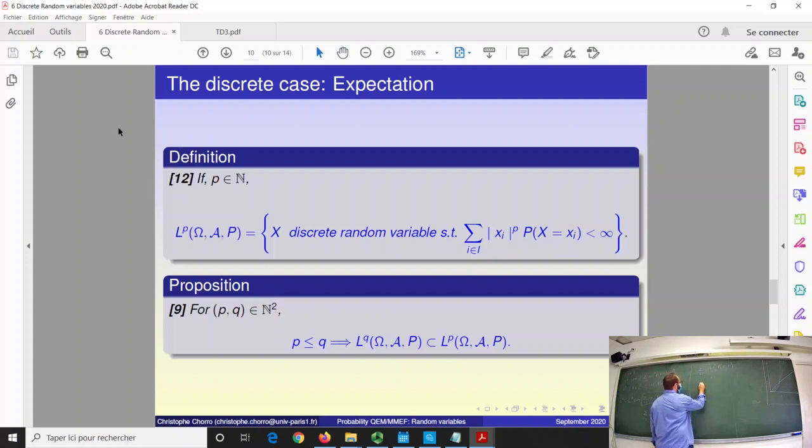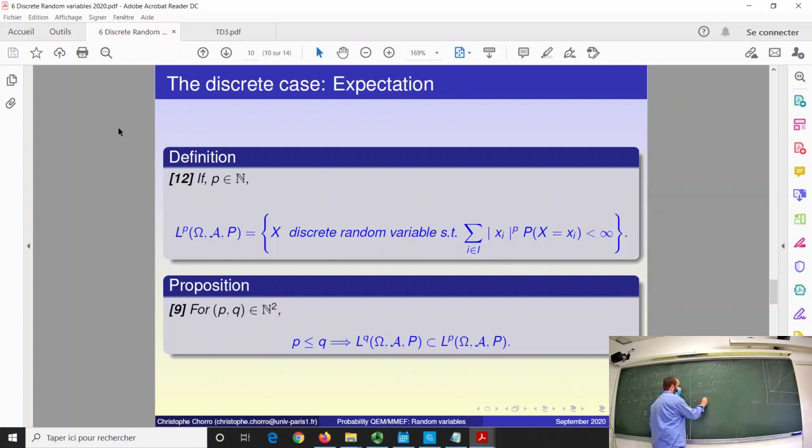So it's the sum of |xi| to the power p times the probability that X is equal to xi, but I will do the sum only over the i belonging to capital I such that the absolute value of xi is less than or equal to 1. I consider the sum only for the ones that are less. But if I do this, I miss some terms.